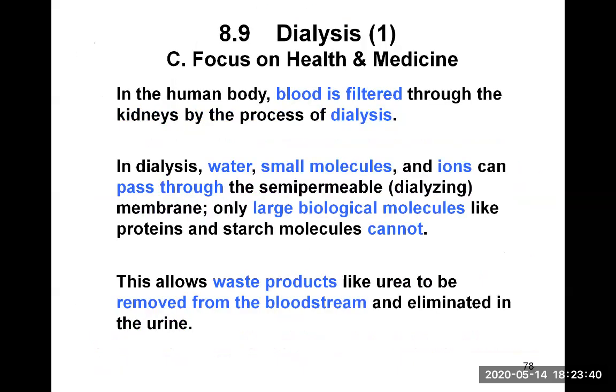One last word now on dialysis. In the human body, blood is filtered through the kidneys by the process of dialysis. The kidneys are made of millions of nephrons that filter out small molecules and ions from the blood.